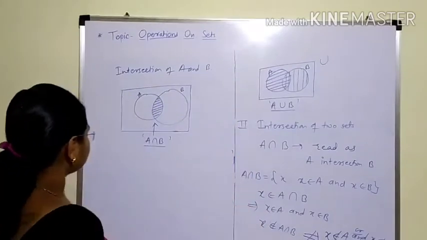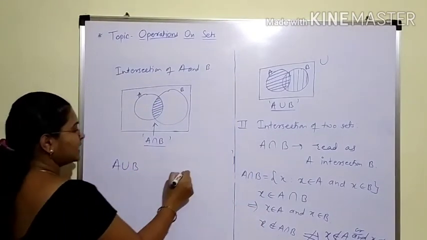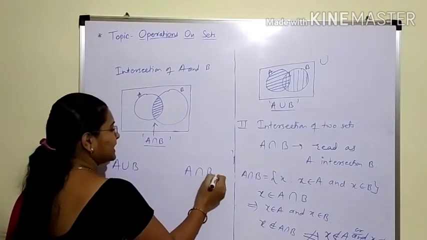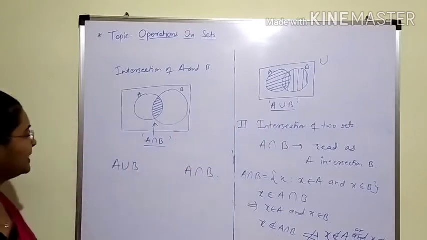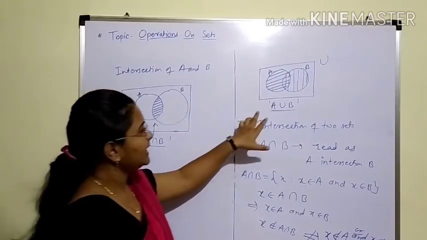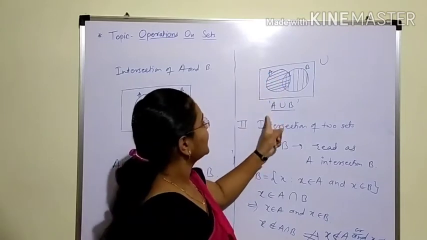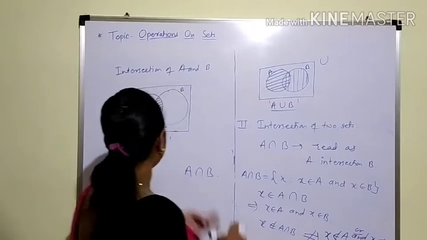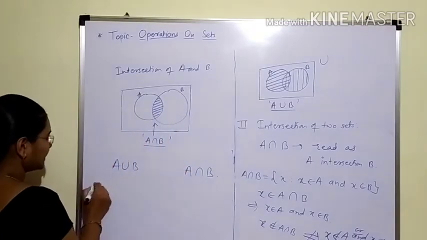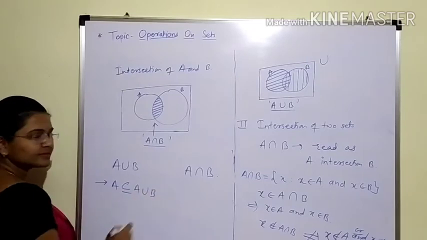Now students, consider union of A and B and intersection of A and B, both the Venn diagrams you have. See, in A union B, set A is fully covered and set B is also fully covered. So can we say that set A is a subset of A union B?